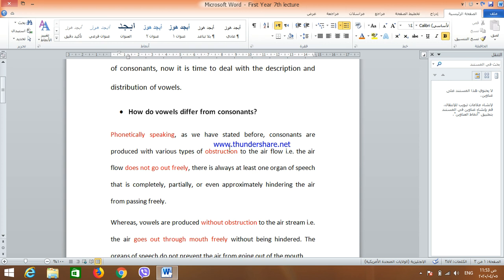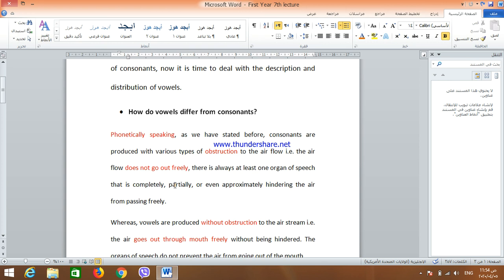A complete obstruction, for example, is noticed in the pronunciation of the sound p, when the two lips are pressed strongly together, stopping the air completely from passing outside.